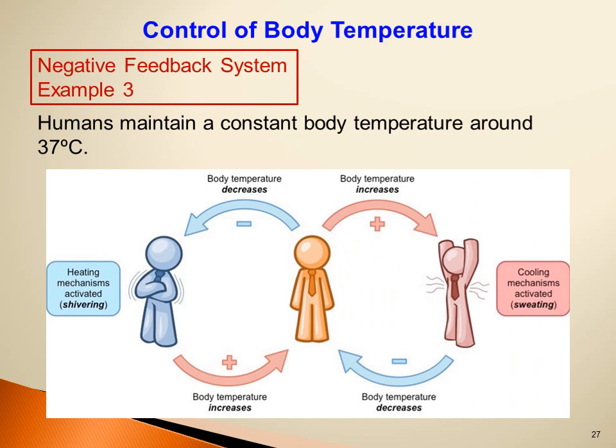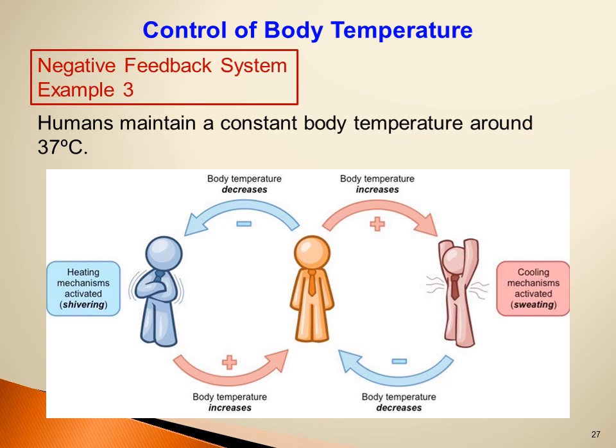The third example of a negative feedback system is the control of body temperature. We know that humans maintain a constant body temperature around 37 degrees Celsius. So if we look to the right side of the figure here, there are factors that increase body temperature.